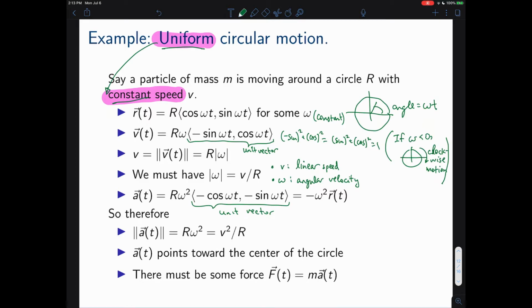What's going on here is that in our circle, if you're at one of these points, then the position vector is pointing from the origin to that point. R of t is a position vector.